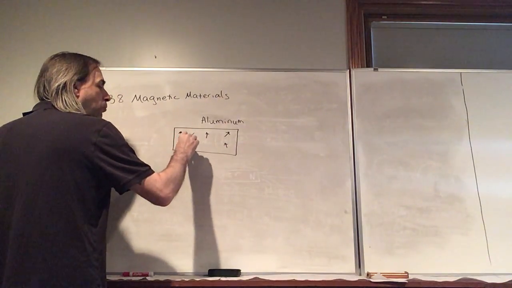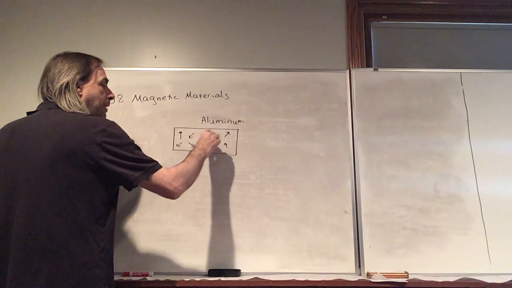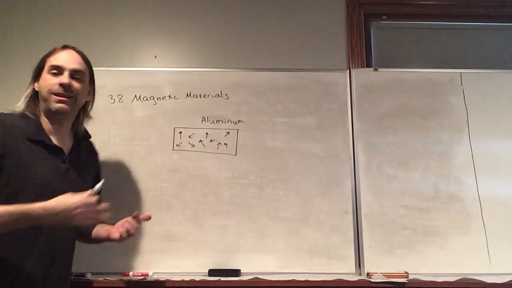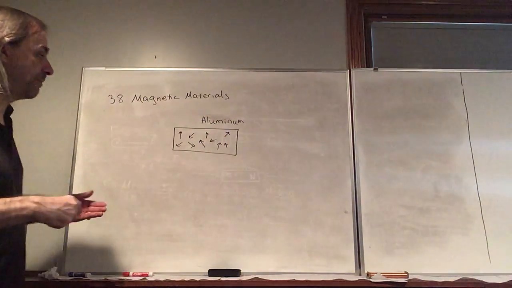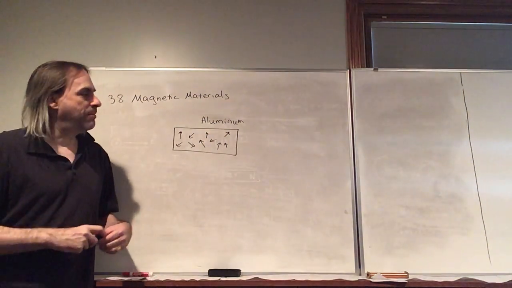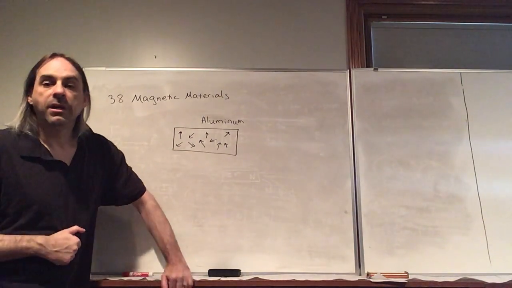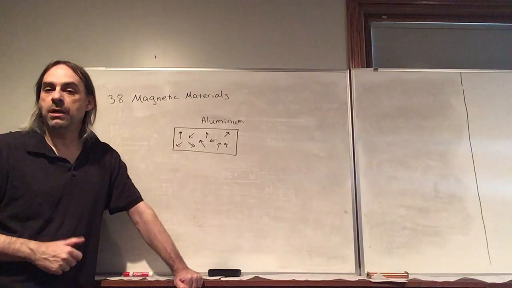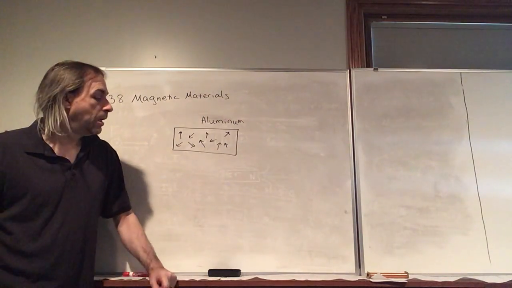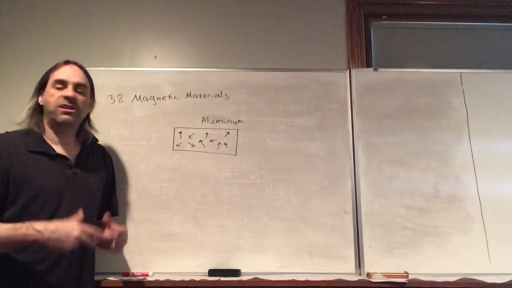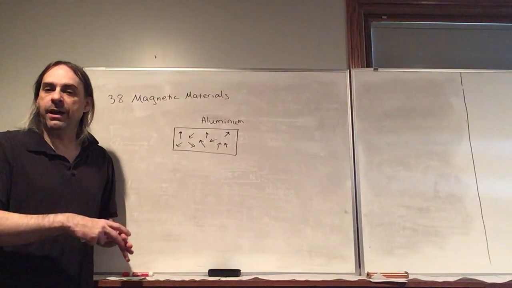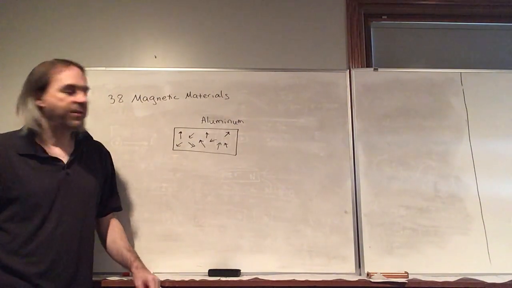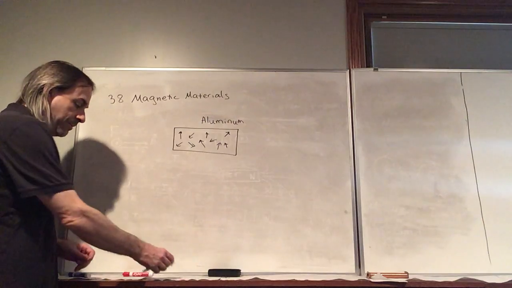And so it's just the randomness that causes no net effect. They're vectors, and so they just cancel each other out. So this aluminum does not have any magnetic properties on a large scale. You can think of it as made of just tons of magnets, but you throw them all together in a totally random way, and they cancel each other out.